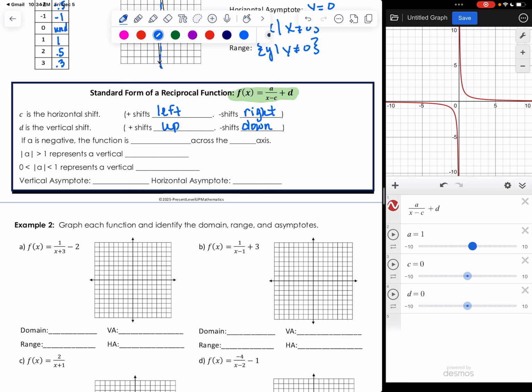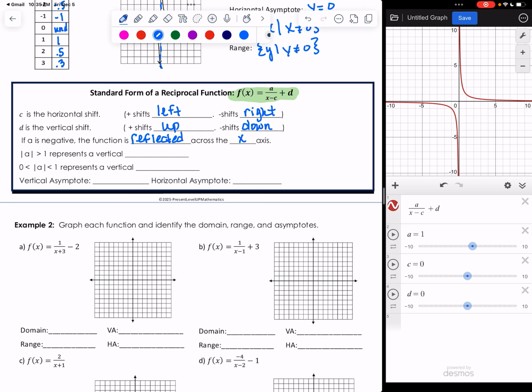They're in quadrants 1 and 3. Now let's change it to negative 1 and watch what happens. Now the branches are in quadrants 2 and 4. So we say that if a is negative, the function is reflected across the x-axis. Go back to a equals positive 1.